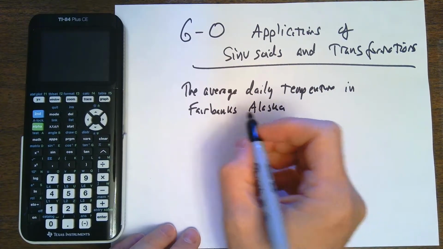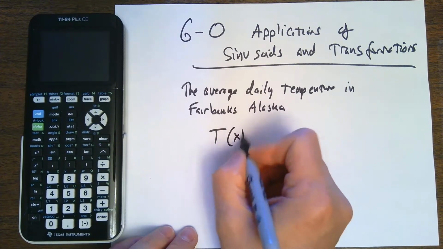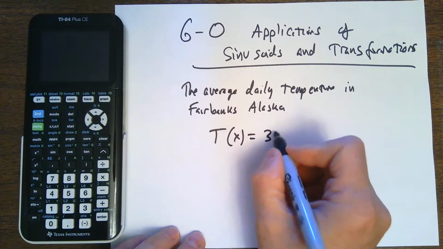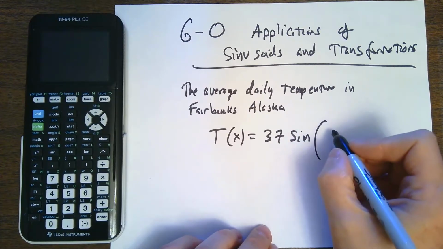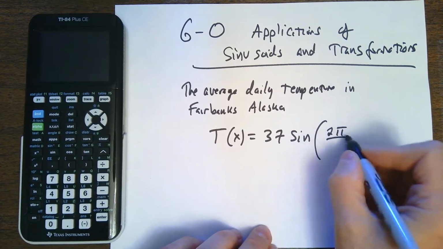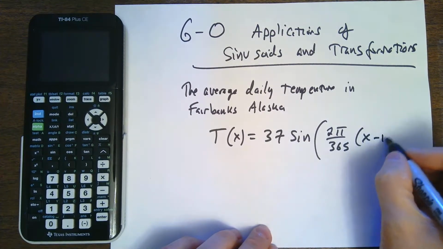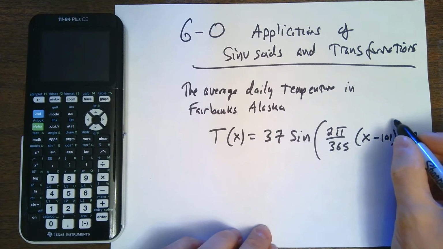I've got temperature as a function of x, the day of the year, is 37 times the sine of 2 pi over 365 times x minus 101, plus 25.